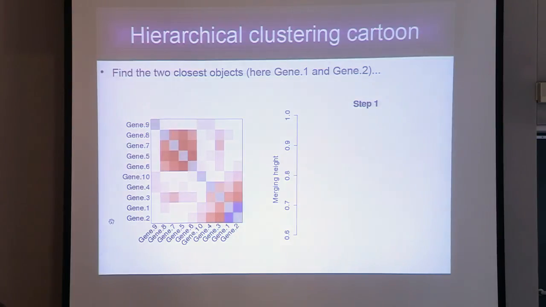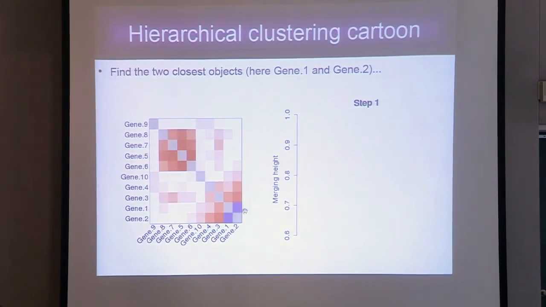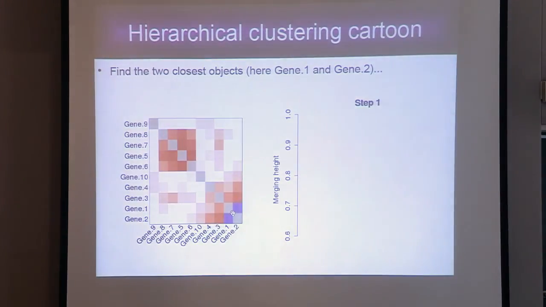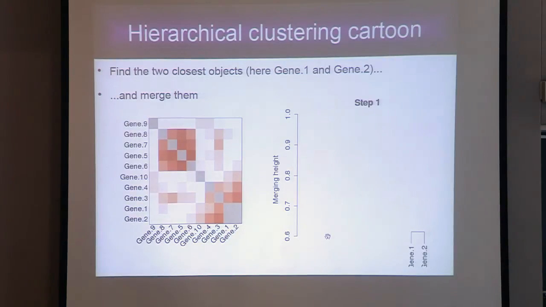In step 1, you find the two closest objects according to the dissimilarity. So basically you find the most red entry of this matrix, or the highest number in the matrix, and those would be these two blue objects, the genes, and you merge them. The merging height here corresponds to the number that stood between the two. And you merge them, so now this gray area is a branch. Next step, you find the two nearest objects from among these 9.